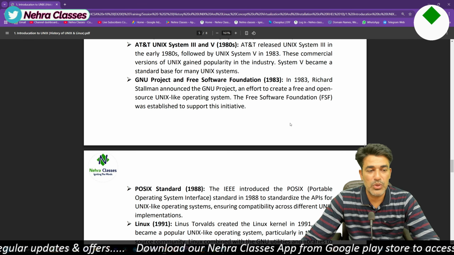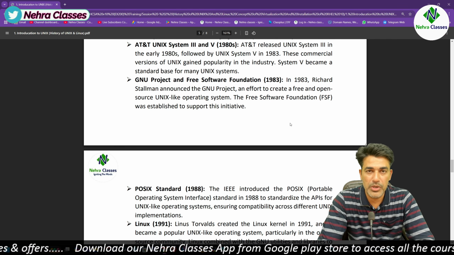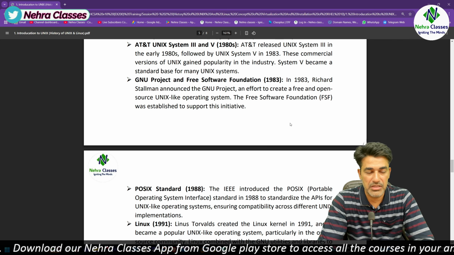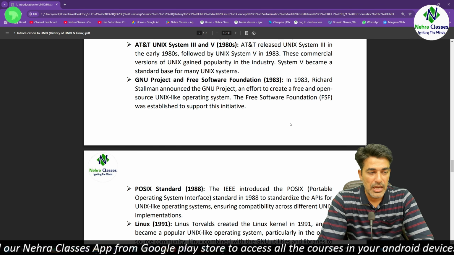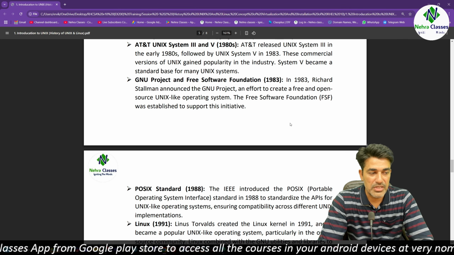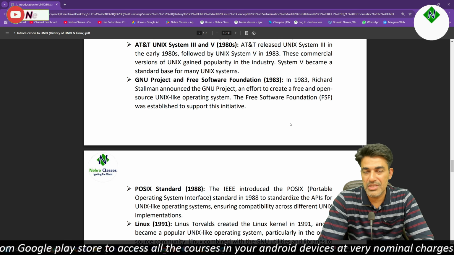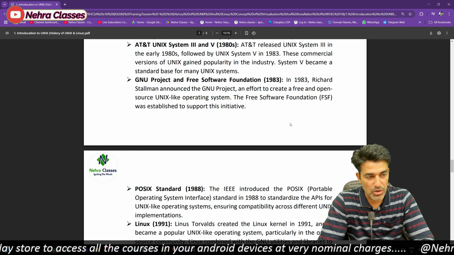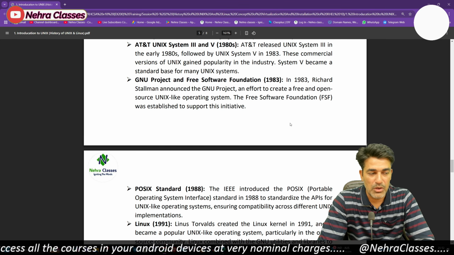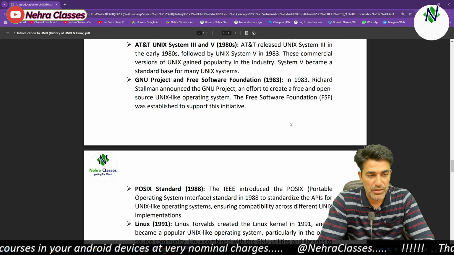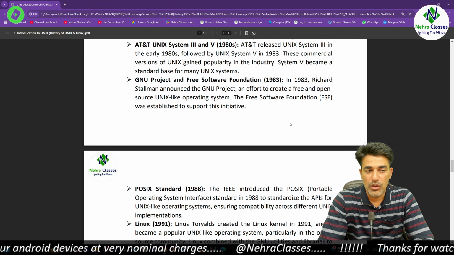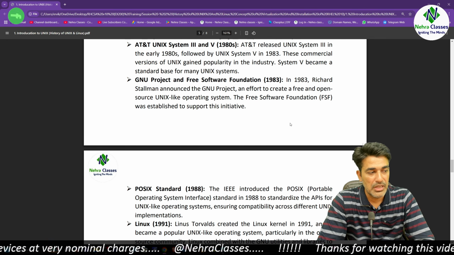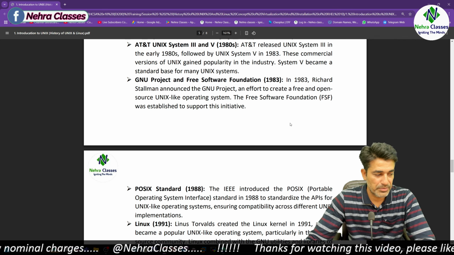It was an effort to create a free and open source Unix-like operating system. The Free Software Foundation was established to support this initiative. So Richard Stallman announced the GNU project for a free and open source operating system like Unix.